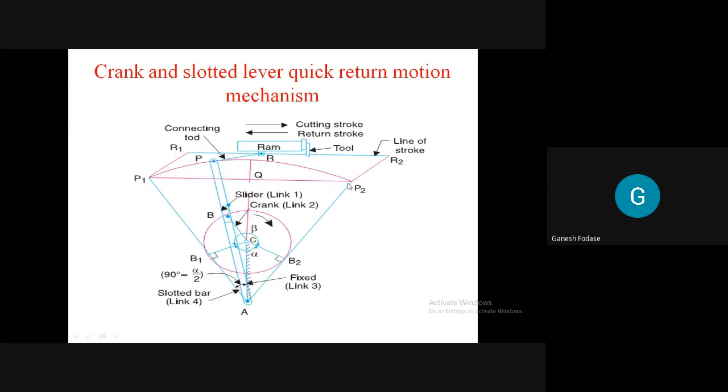The path is the same, P2 to P1, but it occurs at a faster rate, quicker, because the angle turned by the crank during this time, as compared to the forward stroke, is less. As the angle is less, this return stroke from P2 to P1 is faster. That is quick return. I already explained it in the Whitworth mechanism. The cutting stroke is our working stroke, while the return stroke is the idle stroke. So it must be faster, it must be quicker.